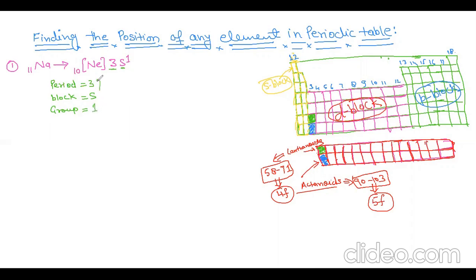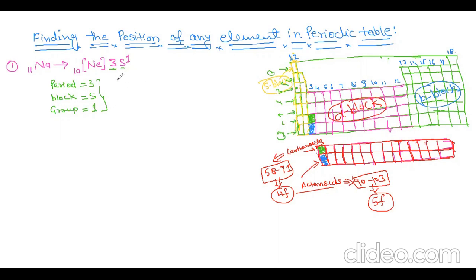So sodium is present in group number 1. This is period 1, this is period 2, this is 3, this is 4, this is 5, this is 6, and this is 7. So sodium is present in group number 1 and period number 3. So here is the sodium.